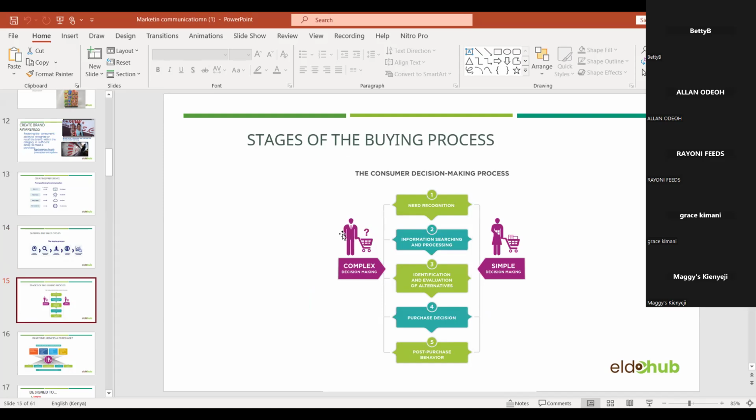Should I buy this, or should I not? And then you talk about preference, the customer choosing your product over someone else's brand. And finally there is the purchase. So the buying process has these stages: awareness, then consideration, then preference, and then finally purchasing the product.